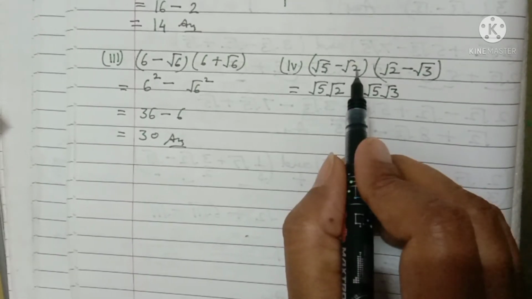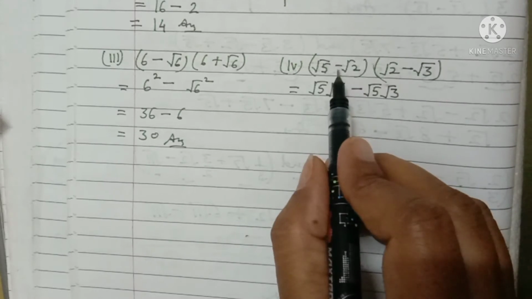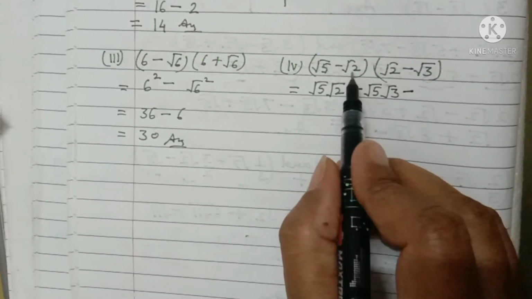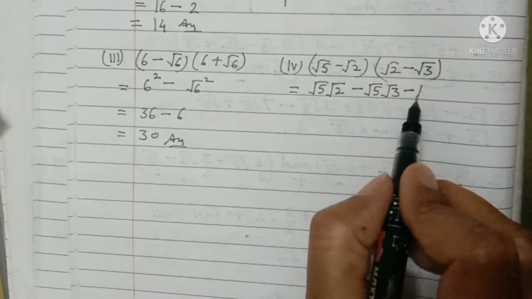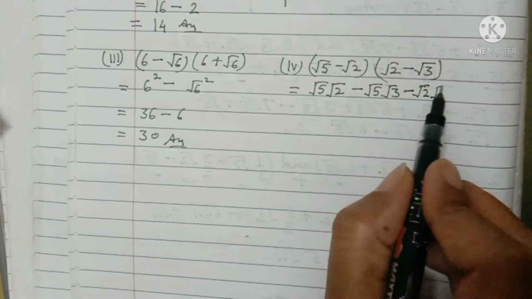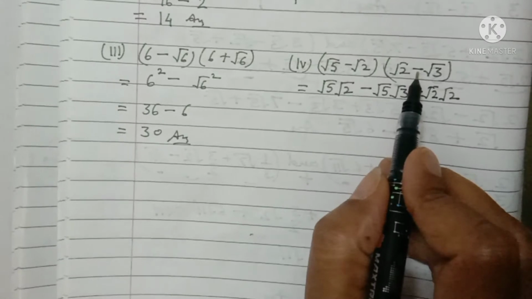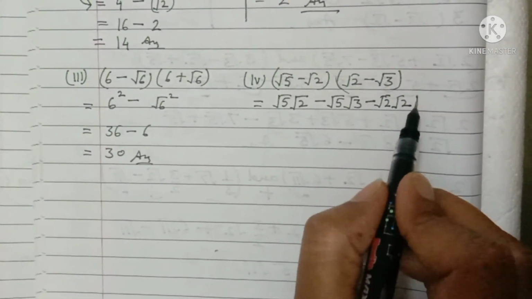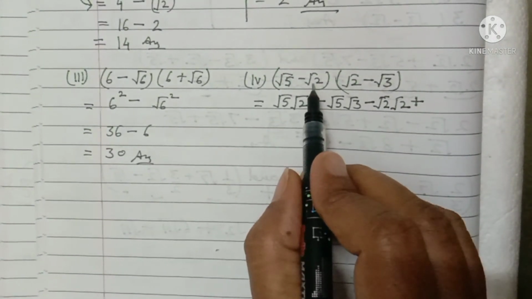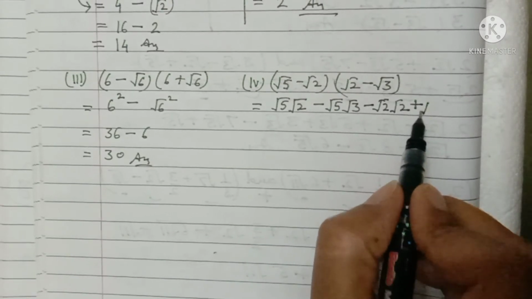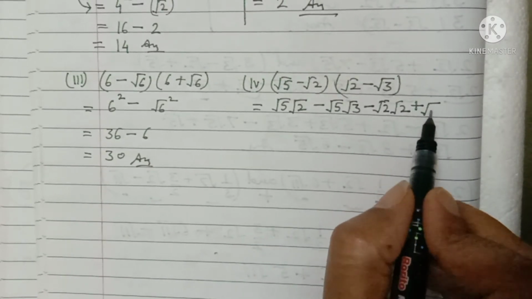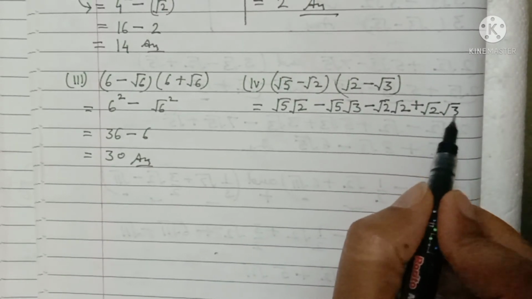Now this root 2 will be multiplied with these two numbers, so minus here, so put the sign minus, root 2 into root 2, and here minus root 2, minus and minus plus, so plus root 2 and root 3. So put the sign plus, and root 2 and root 3 will be multiplied.